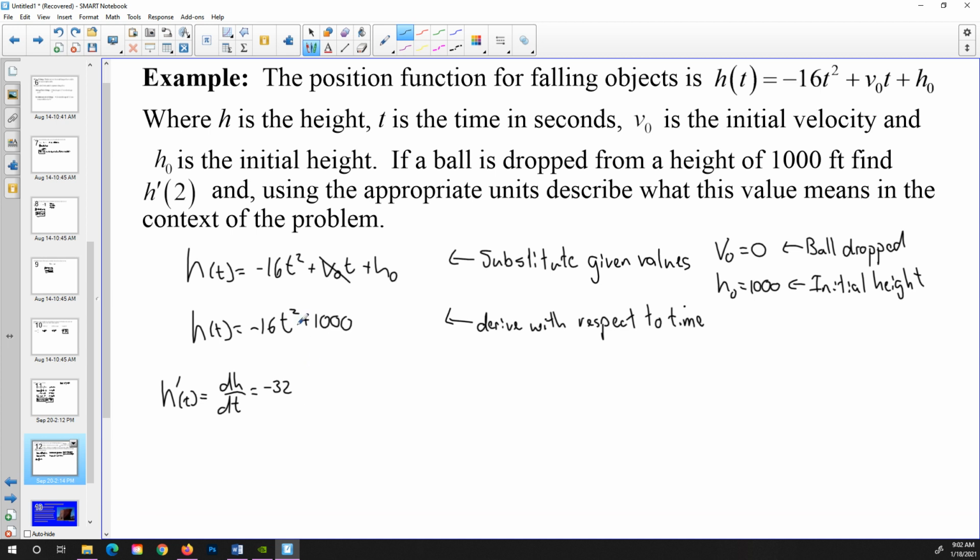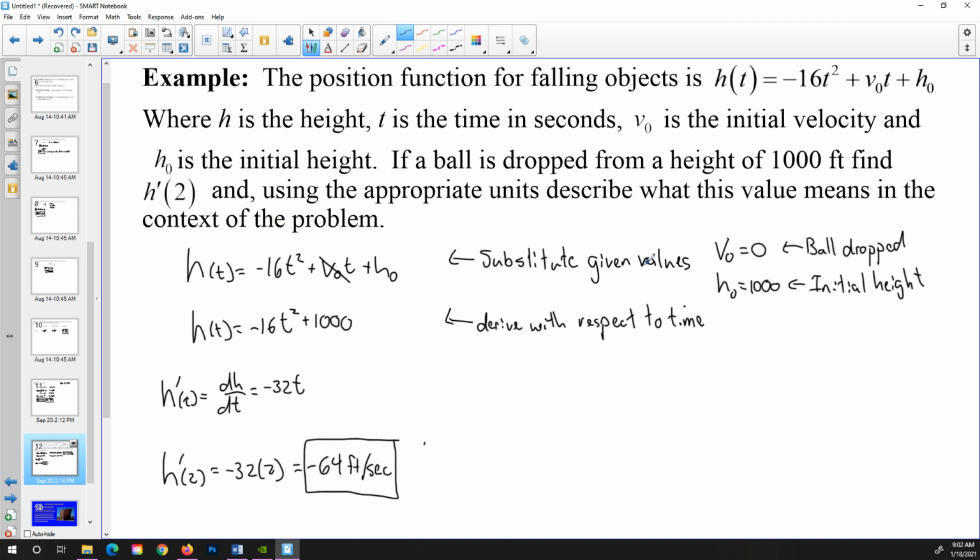And then reduce the 2 by 1, so that'll give me t to the first. All right, so this is my derivative, and then they want me to say what is h prime of 2. Well, that'll be negative 32 times 2, which will be negative 64. So that is my value, and my units, dh over dt, will be the change in feet per second. So this thing is negative 64 feet per second.